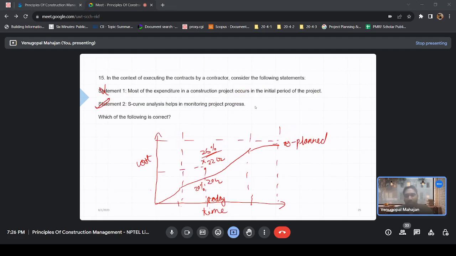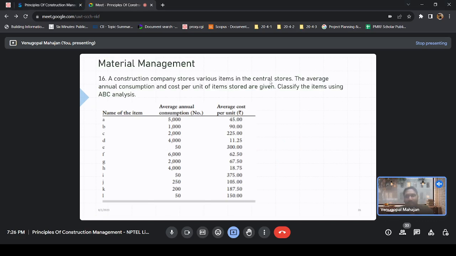So moving forward, we discussed what is S curve. Any question about S curve right now, except the time one, because we kept it for later? Okay, sir, can you please recap the S curve?